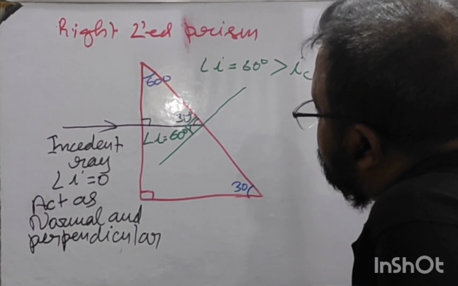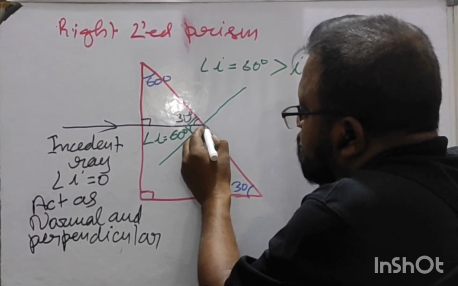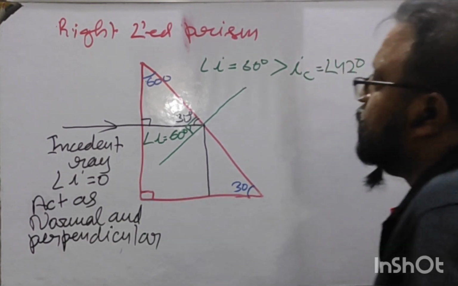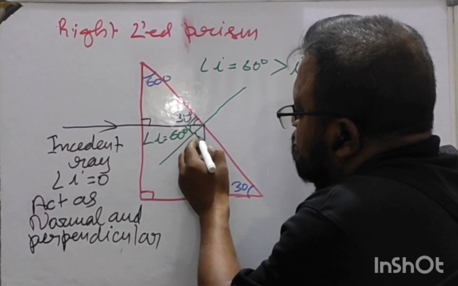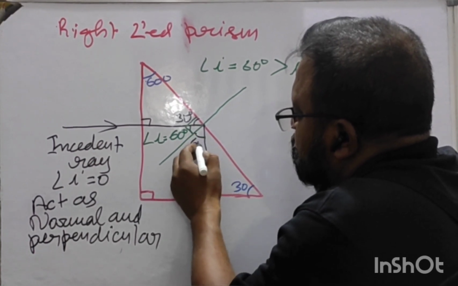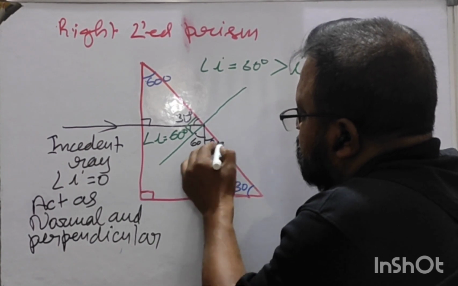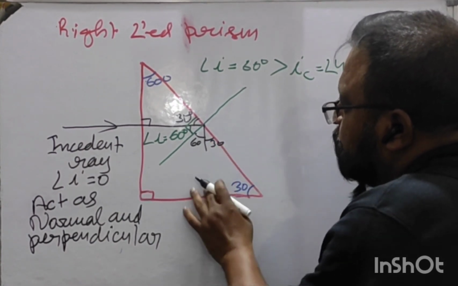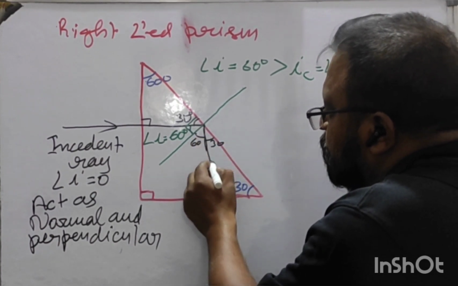So total internal reflection occurs. The light ray comes like this. This is 60 degree, this is 30 degree. Right? Now here total internal reflection occurs.